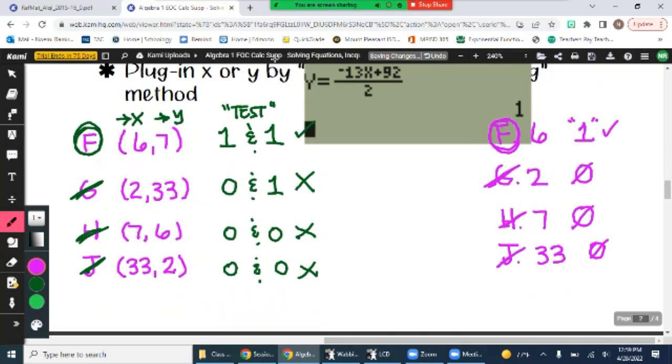You store the 6 as an X because you notice that once you combine your equations, X is the only variable left. So these all represent possible X values. And I'm pretty sure you're going to be able to hear somebody snoring in my video.